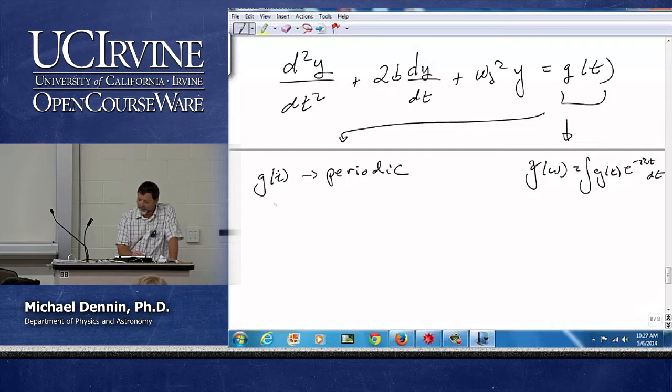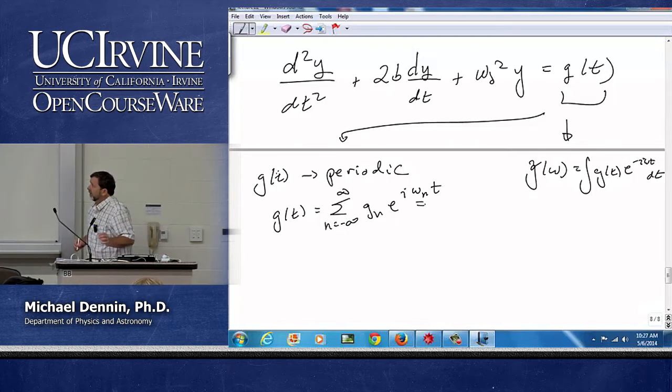And then I'm going to be more likely to use the Fourier series. And I'll show a little more detail what we mean by omega sub n in a moment.